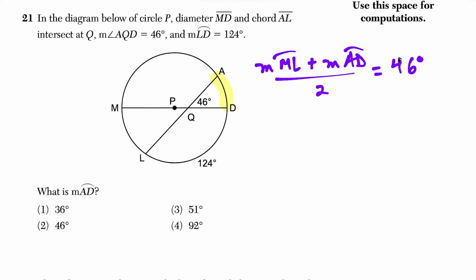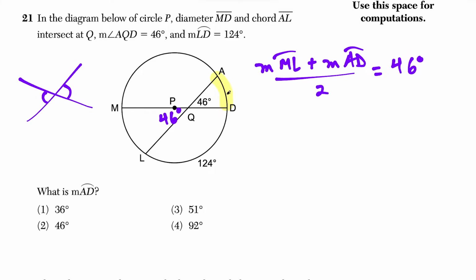And I know the angle is 46 degrees because when we have intersecting lines or chords, the vertical angles formed are congruent. Okay, so this is once again true if we have intersecting chords, or if we're out of a circle, we have intersecting lines or intersecting line segments or rays, the vertical angles, the ones across from each other, are congruent. Okay, so that's how I know this angle here is also 46, and we could use this formula.